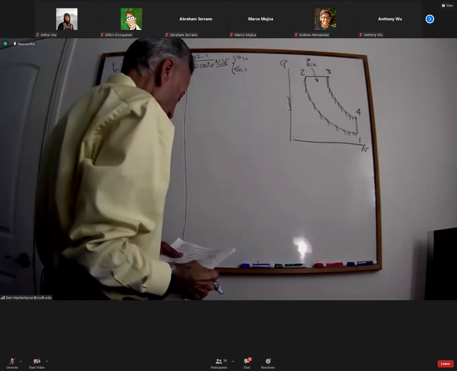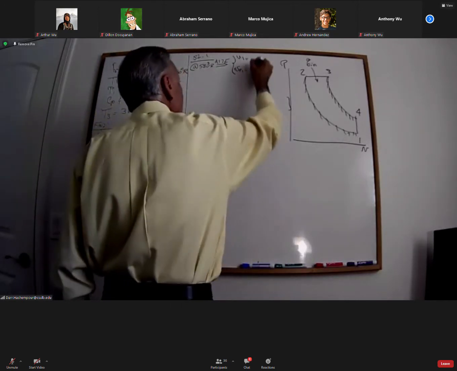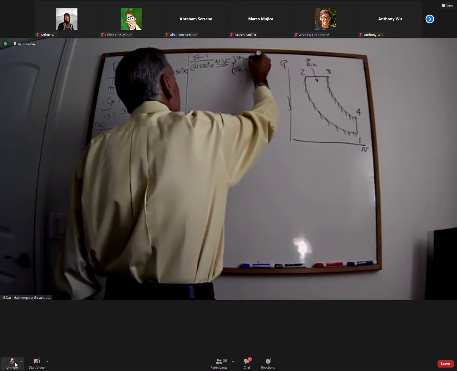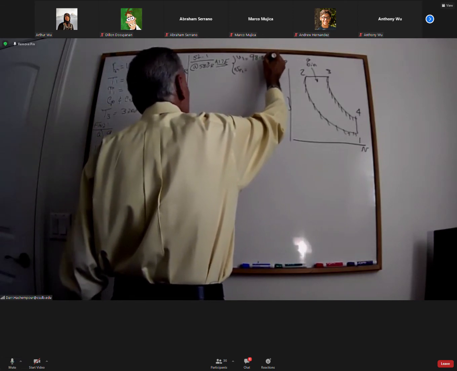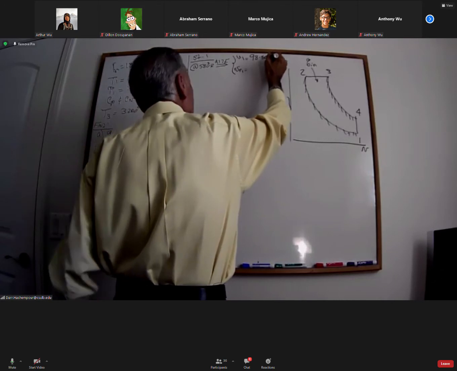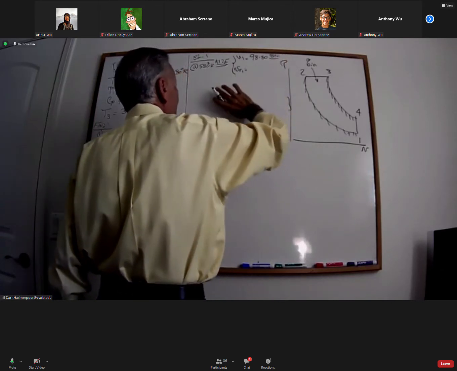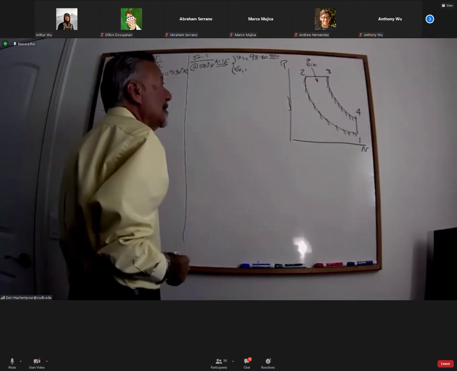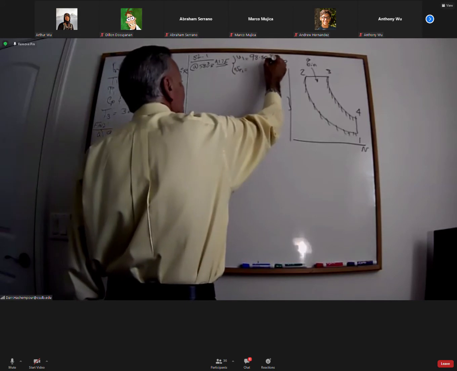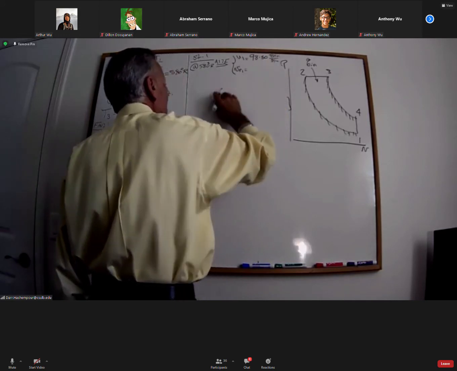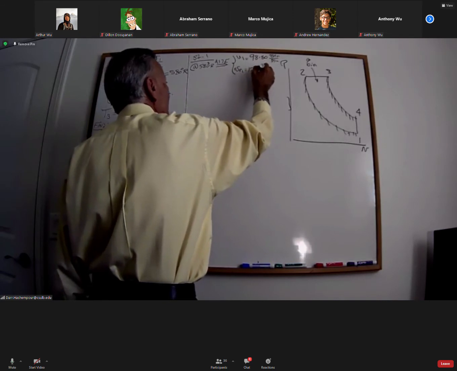Can anybody tell me what these values are? Anyone? BTU per pound mass. What is the value of VR1? Perfect. Thank you so much.